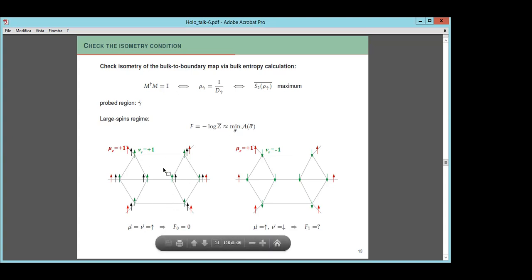So in this case, the configuration that minimizes the action is that in which also the Ising spins point up, so get aligned with the pinning fields, and the free energy is 0. So we are left with the computation of the free energy for the Z1 partition function, and in this case the bulk pinning fields are flipped down.